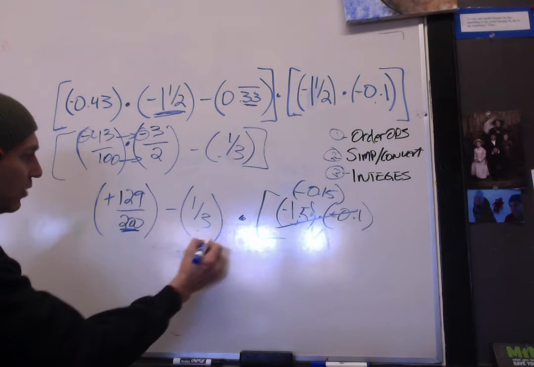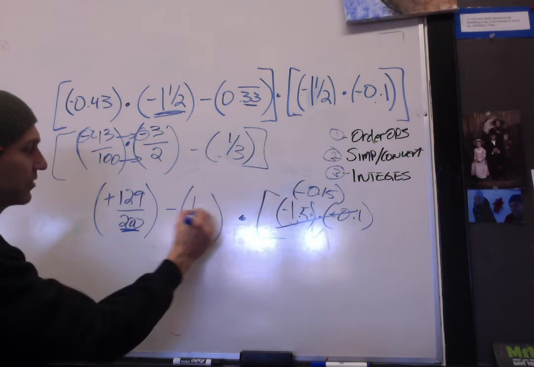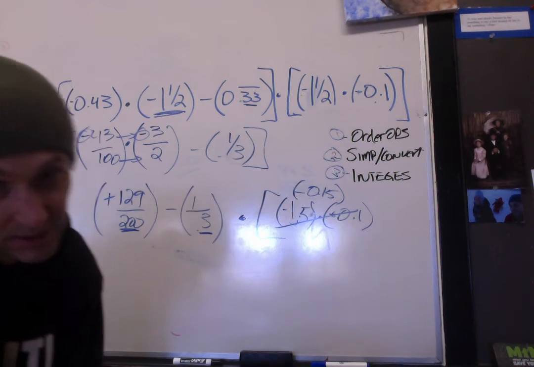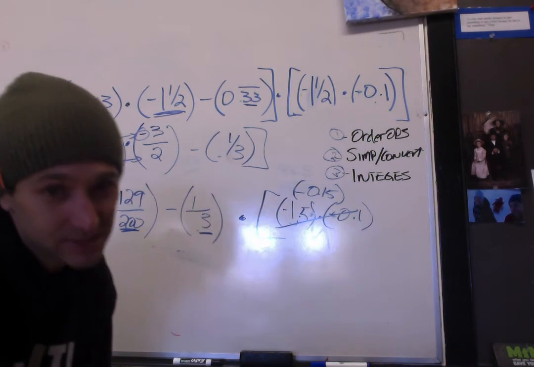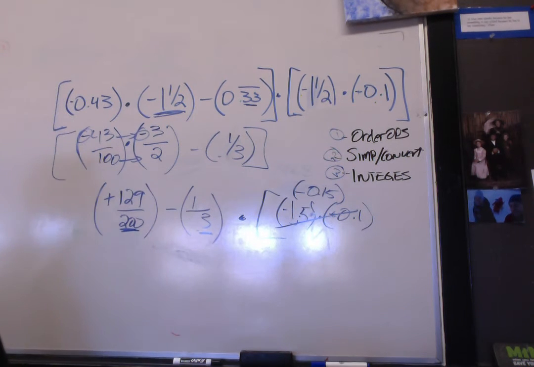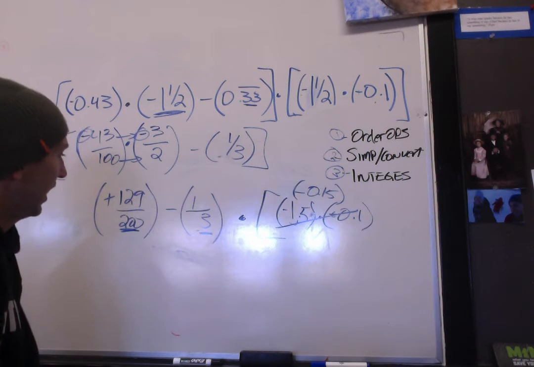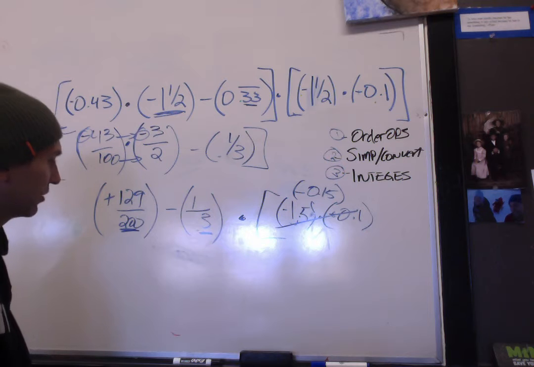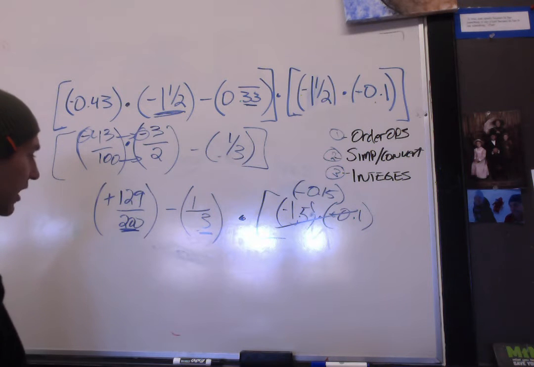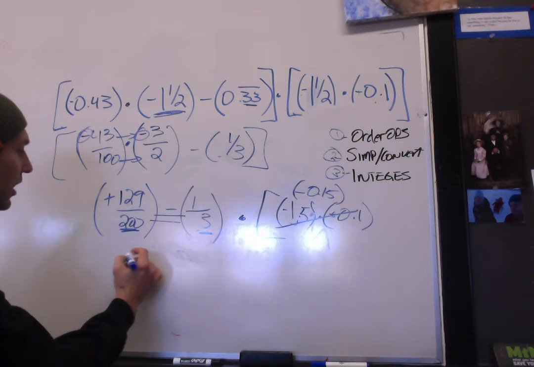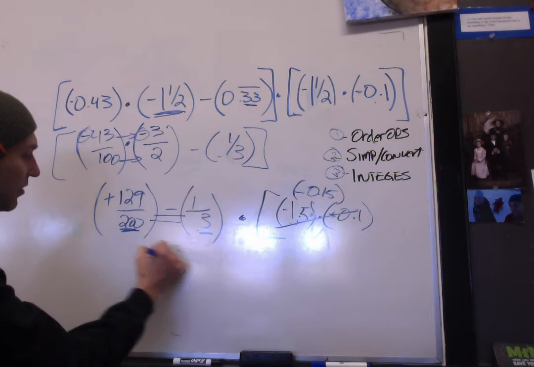Let's go back to this. I need a what before I can subtract fractions? No, not a potato salad. You need a common denominator. I can't think of anything that those go into very easily, so we're going to do box. I'm going to go 1, 2. So I'm going to get over 600.